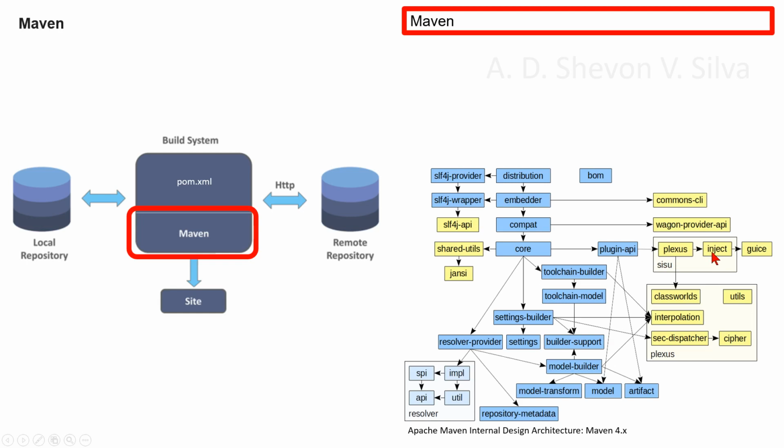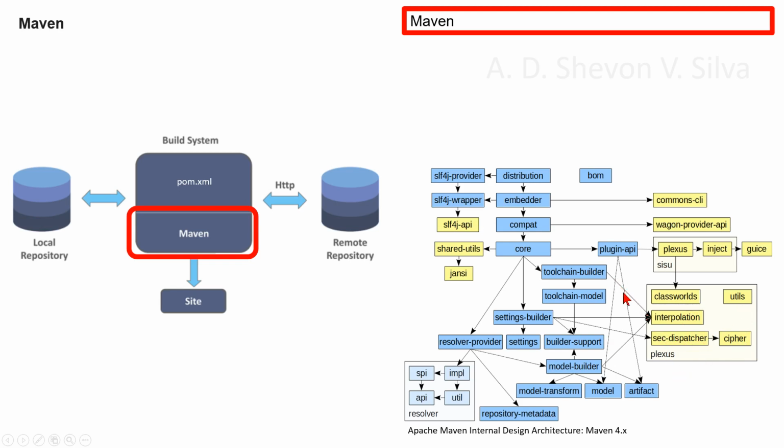Plexus is connected to Inject. Inject is connected to Juice, and Plexus is connected to classworlds, and inside the Plexus you can see classworlds, interpolation, sec dispatcher, cipher, and utils.